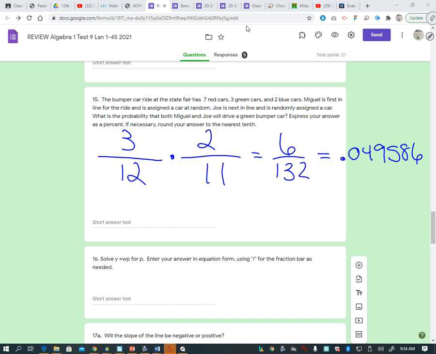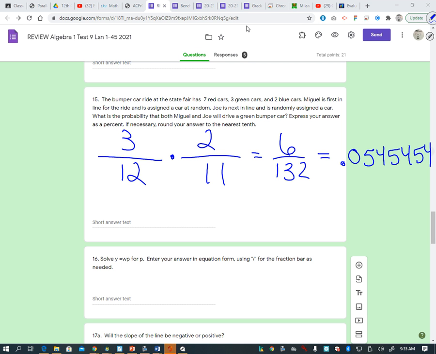Okay, what is 6 divided by 132? Because I'm betting that's a different number. 0.054, not 45. Okay. Well, probably because they're rounding the last decimal.